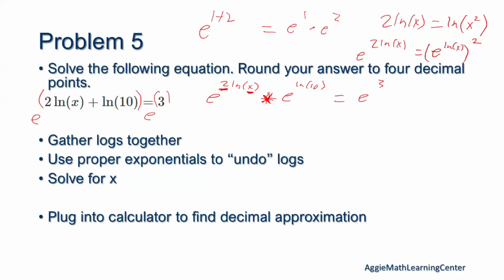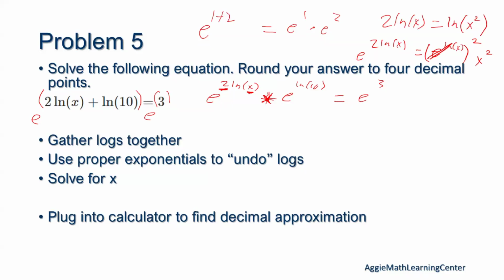Either way, you could think of it that way, and it'll give you the same answer. Because in this case, the e and ln will cancel and you'll just be left with an x squared. In this case, this is all raised to the 2. And so then the ln and the e would cancel and you'd be left with an x squared.